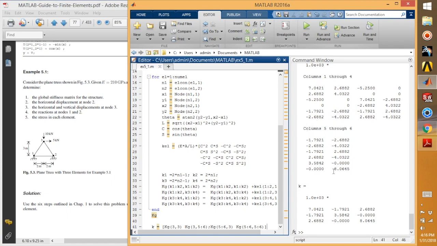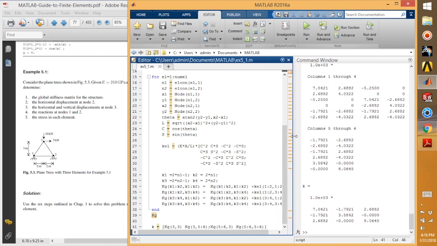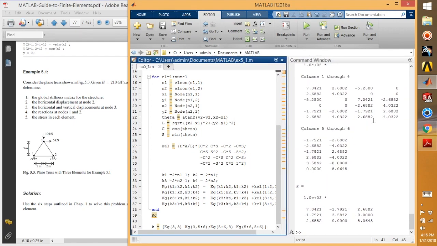Next we have fifth to sixth row, third column, which is this one, and then fifth to sixth row, fifth to sixth column. So fifth to sixth row is these two, and column means these four. So these four come over here. This one and this one goes here. So we found the elements.